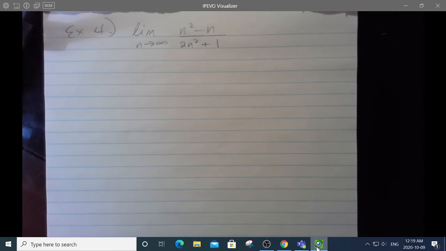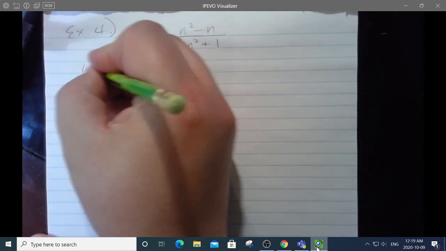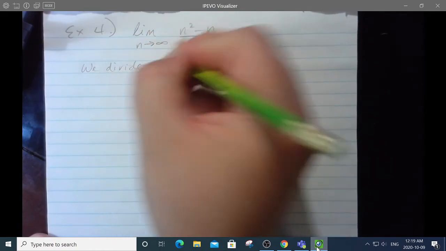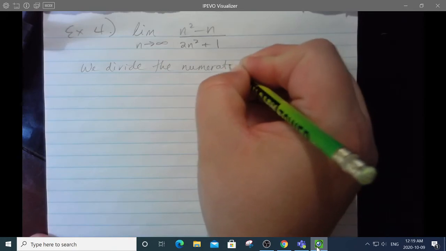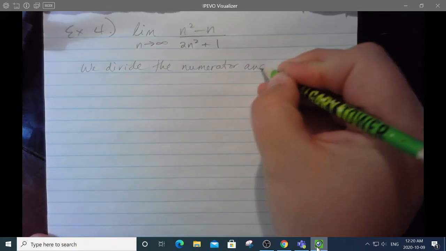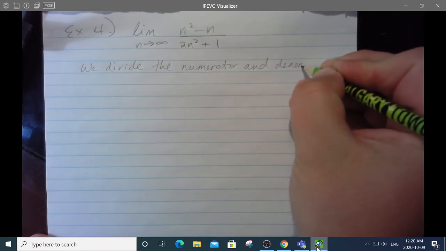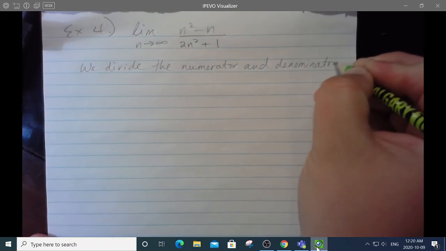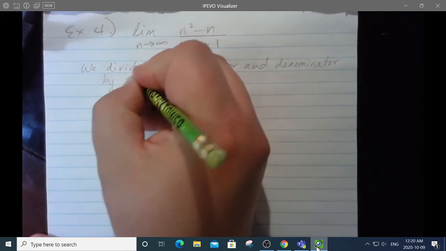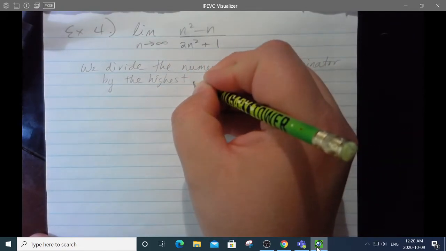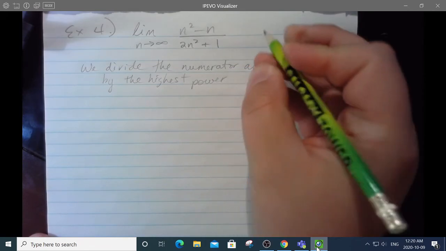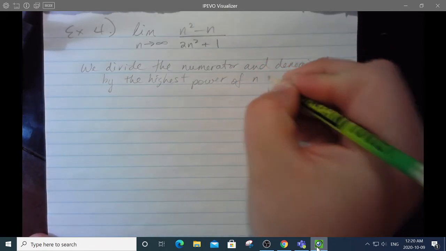So the algebra technique that we are going to use, and this is really clever, is, I'll write this in words, we divide the numerator and denominator by the highest power of n.